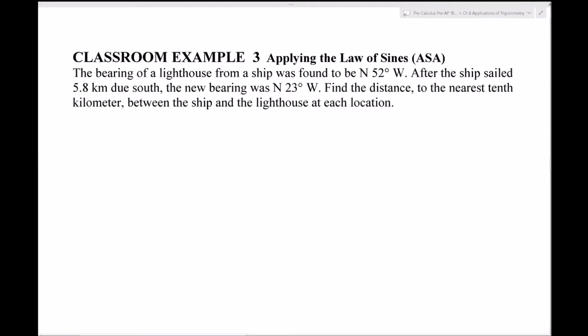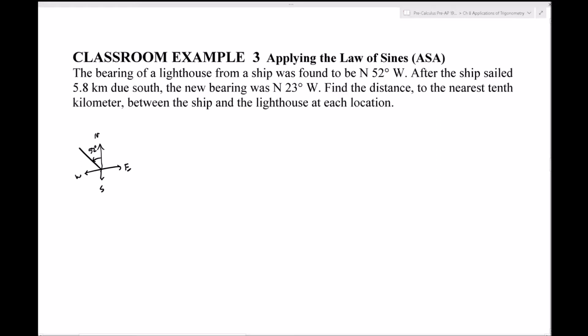The bearing of a lighthouse from a ship was found to be north 52 degrees west. So we'll figure that out in just a little bit. So if I were to draw that, we start off with the north axis, and then we go towards the west axis, in this case, north, east, south, west. And it's 52 degrees this way. So that way this angle is 52. So that's the bearing.